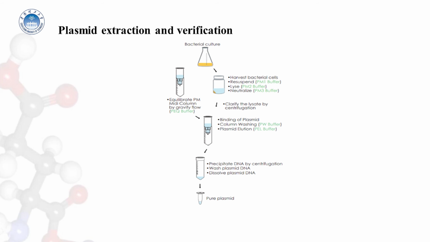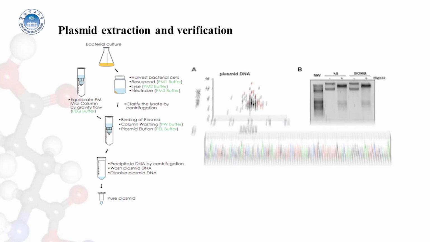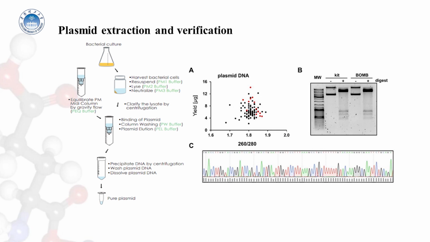And then after that, we lyse the bacterial suspensions and purify the plasmid by filtering through the membrane. Dissolve the nucleotides in 50 microliters of TE buffer. After that, we measure the purity of the plasmid by optical density or gel electrophoresis. The accuracy of the plasmid will be verified via sequencing analysis or restriction site cut.